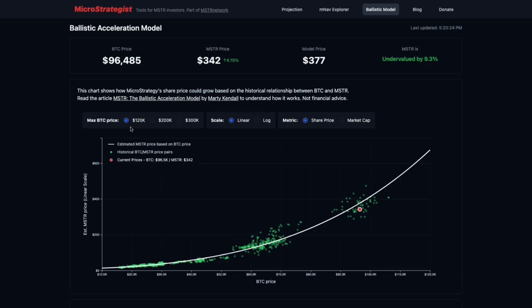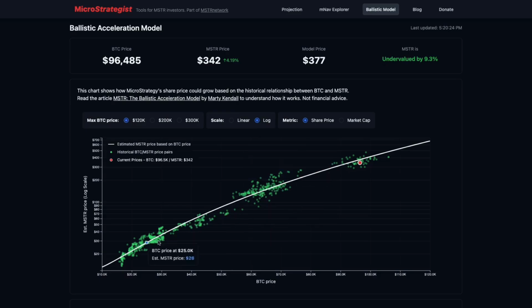So that's Bitcoin. And so what Marty's done here is he plots the MSTR price against the Bitcoin. Linear scale on the y-axis, BTC price on the x-axis, and so you can see there's a trend here. This is the linear. If we want to look at it in log form, these are all the data points that MicroStrategy has per Bitcoin price.